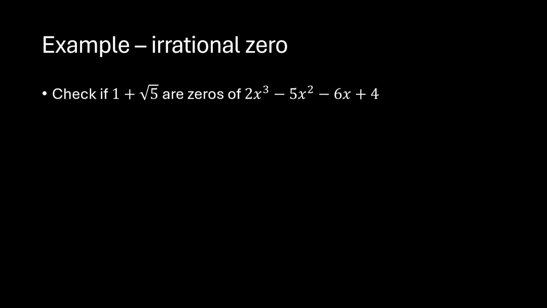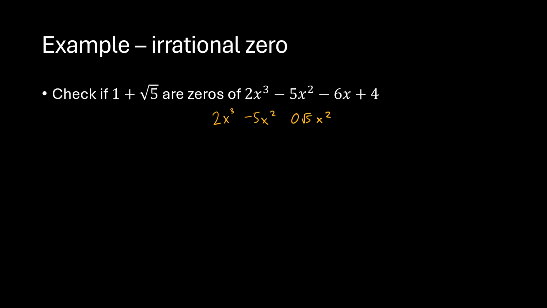We can just check the zeros. Now, when we're checking the zeros, we'll have 2, negative 5. Let me put those terms in there, x squared. We might have a 0 square root of 5 x squared.